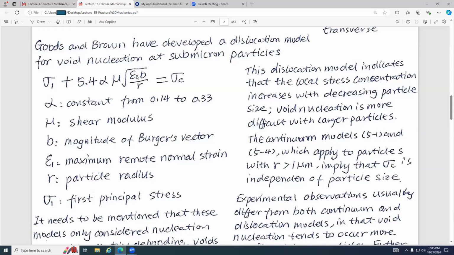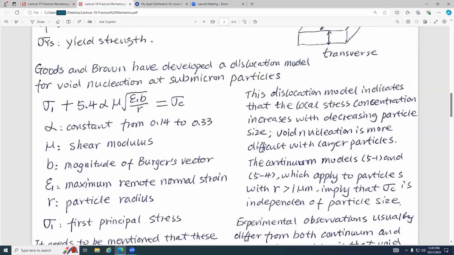If this equation holds, that means the critical point, and then failure occurs. Is it okay? So this dislocation model indicates that the local stress concentration increases with decreasing particle size.